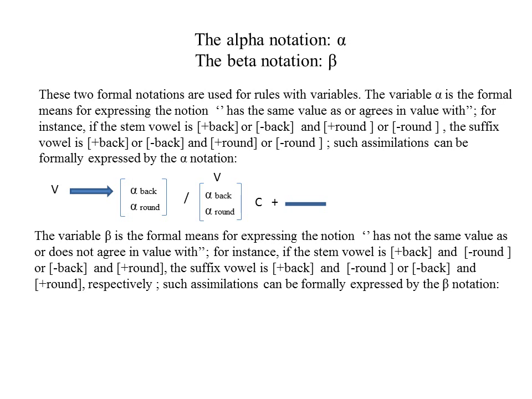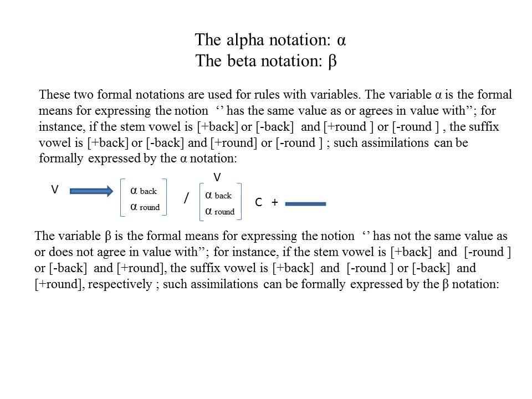If we state plus in the back feature, we mean plus in the round feature. However, in the beta notation, the values of the two features do not agree.